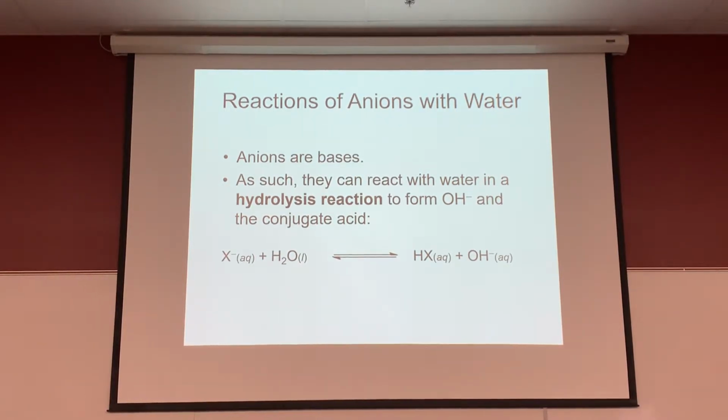So anything like the sodium acetate, if you had a nitrite, not the nitrate, the nitrite is going to be the anion of a weak acid. The benzoate anion, anything that is not the anion of a strong acid will do this in water.